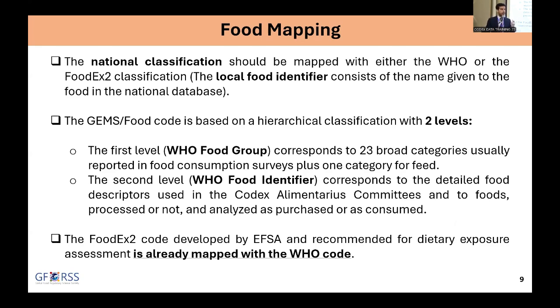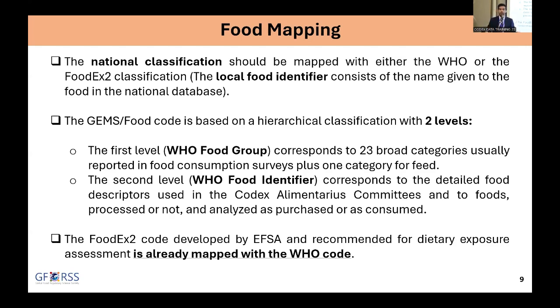So I will need to have clear information related to the food commodity itself. That's why the GEMS food database has a two-level classification system. And it's already mapped, so the famous FoodEx2 classification at the European level is already taken into consideration in the WHO or GEMS food classification. What is this classification? I have the concentration of lead in a certain herb, or a certain spice, or a certain mixture of spices, or certain vegetables, raw, legumes, frozen, powder, dried.